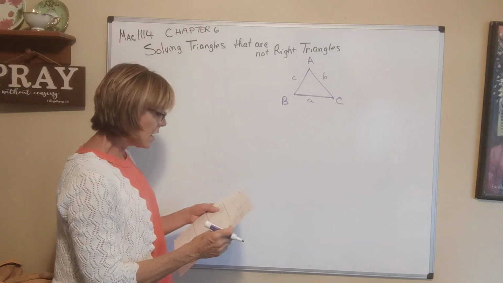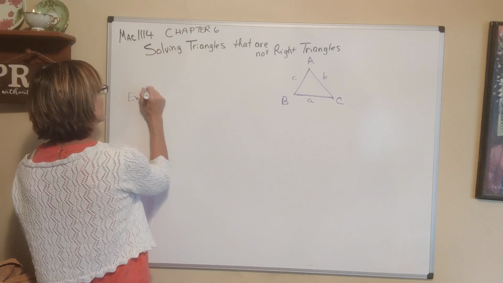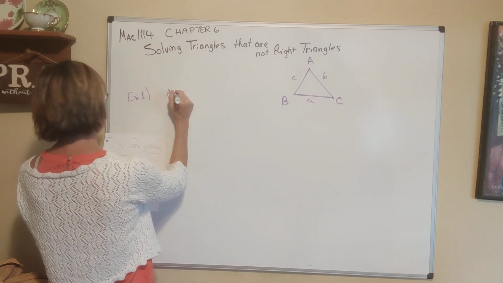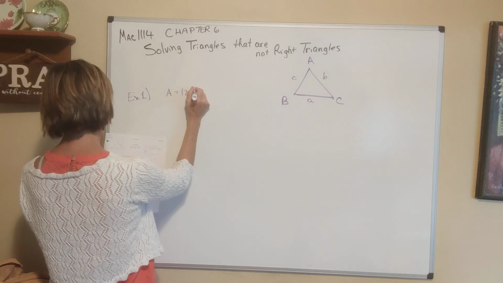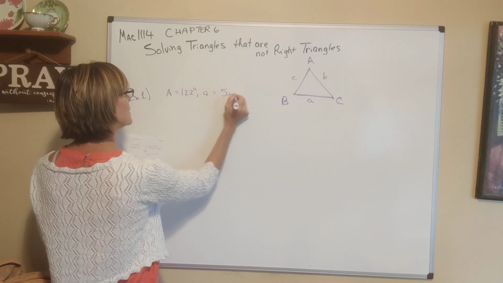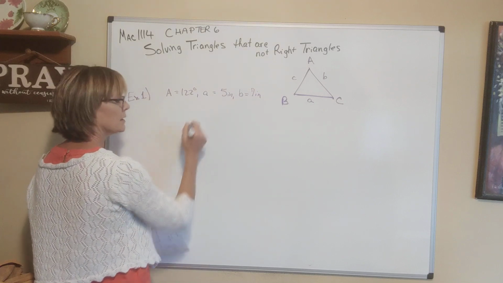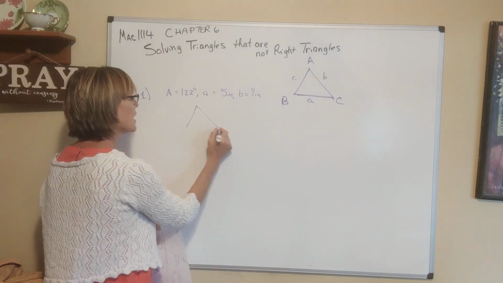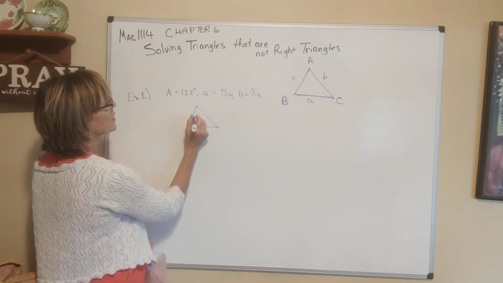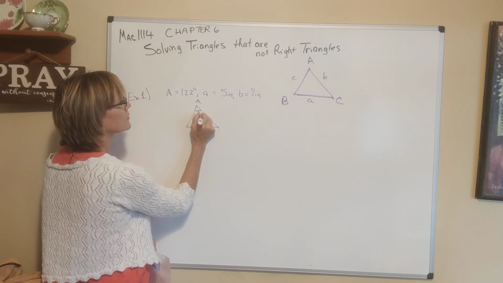So, example 1, they say A is equal to 122 degrees, little a is equal to 5 inches, and little b is equal to 7 inches. Okay, let's draw ourselves a triangle and label what we know. We know that angle A is 122 degrees.